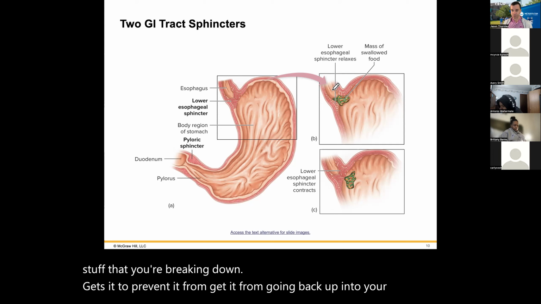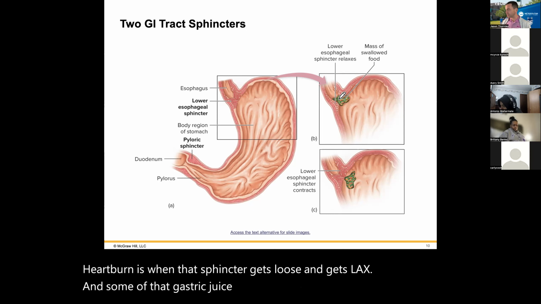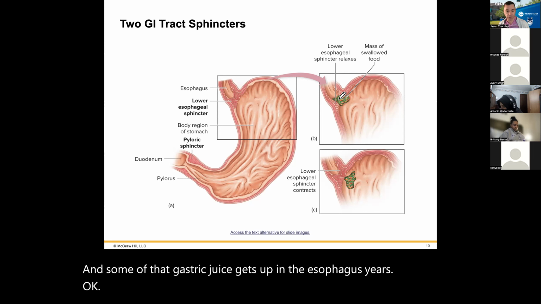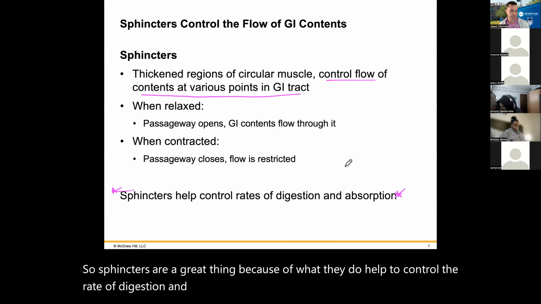Heartburn is when that sphincter gets loose and lax, and some of that gastric juice gets up into your esophagus. So sphincters are a great thing because of what they do. They help to control the rate of digestion and absorption of nutrients.